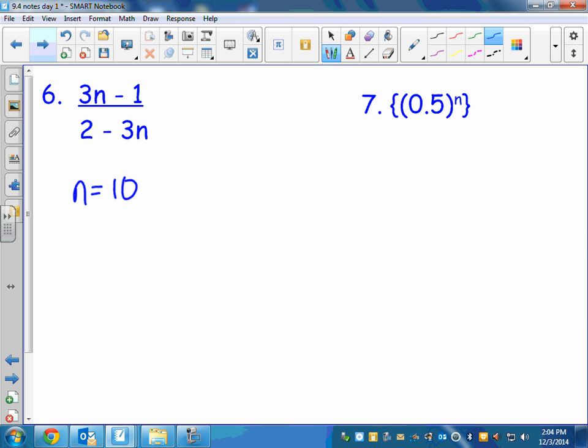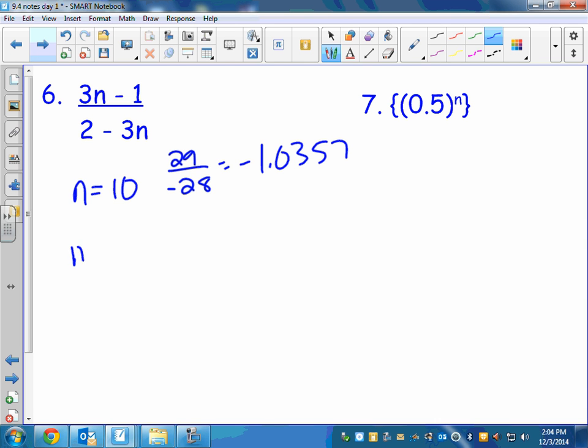I would get 30 minus 1, which is 29. And on the bottom, I would get 2 minus 30, which is negative 28. Which is like negative 1.0357.